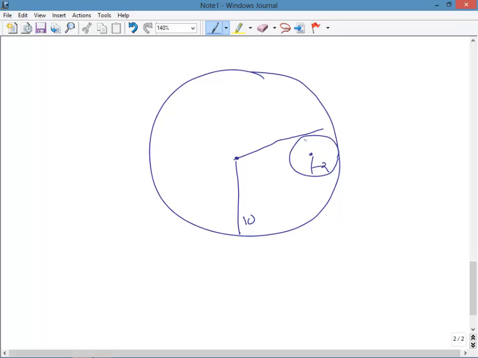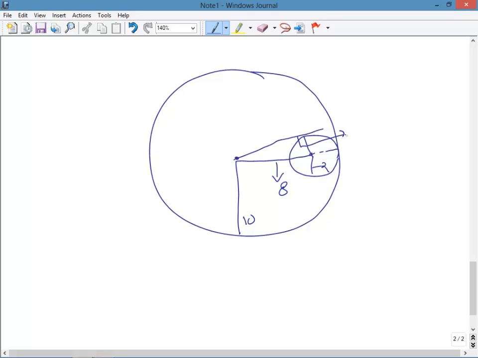Look at this one. This is 2, so this is 90 degrees. Now if you draw a straight line, how much? 10 minus 2, because this is the radius. Now this is 10 minus 2, which is 8.